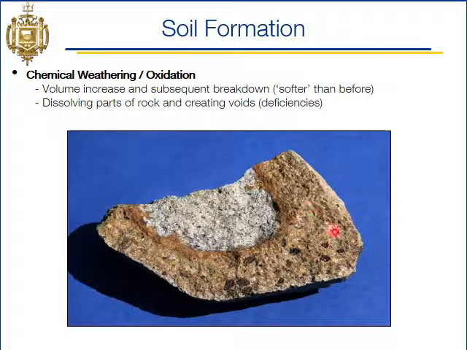So the soft void-filled granite here is easy to be broken down by mechanical means, so frost wedging, wind, flowing water, those kinds of things. So chemical weathering really allows a rock to be more susceptible to physical weathering.